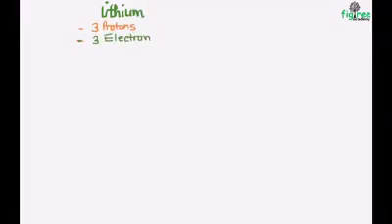Let me highlight something here for lithium. Lithium is number 3 on the list of the top 20 elements of the periodic table. This means it has 3 protons, which are equal to 3 electrons. So in the orbits it has 3 electrons.